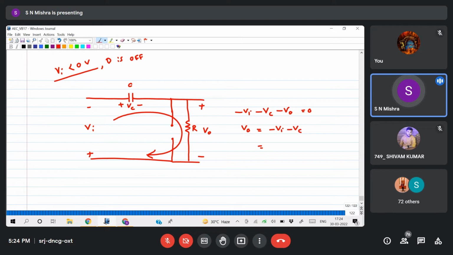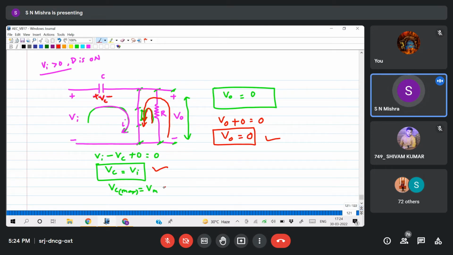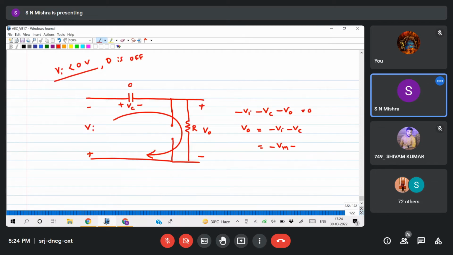Minus Vi is minus Vm, and Vc, already calculated, is Vm and remains the same. So minus 2 Vm. Understood?